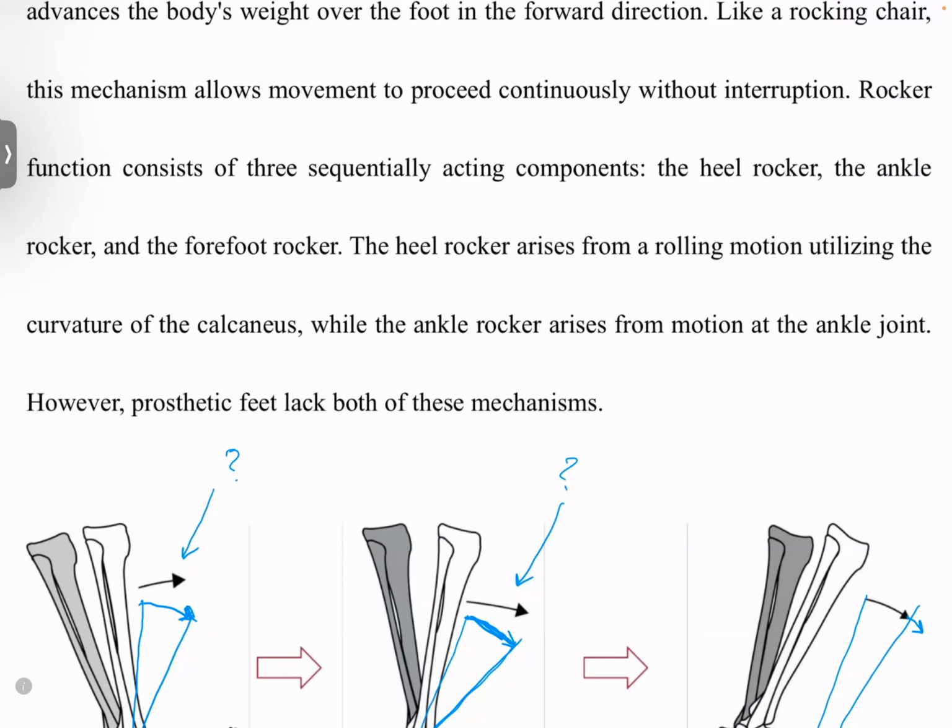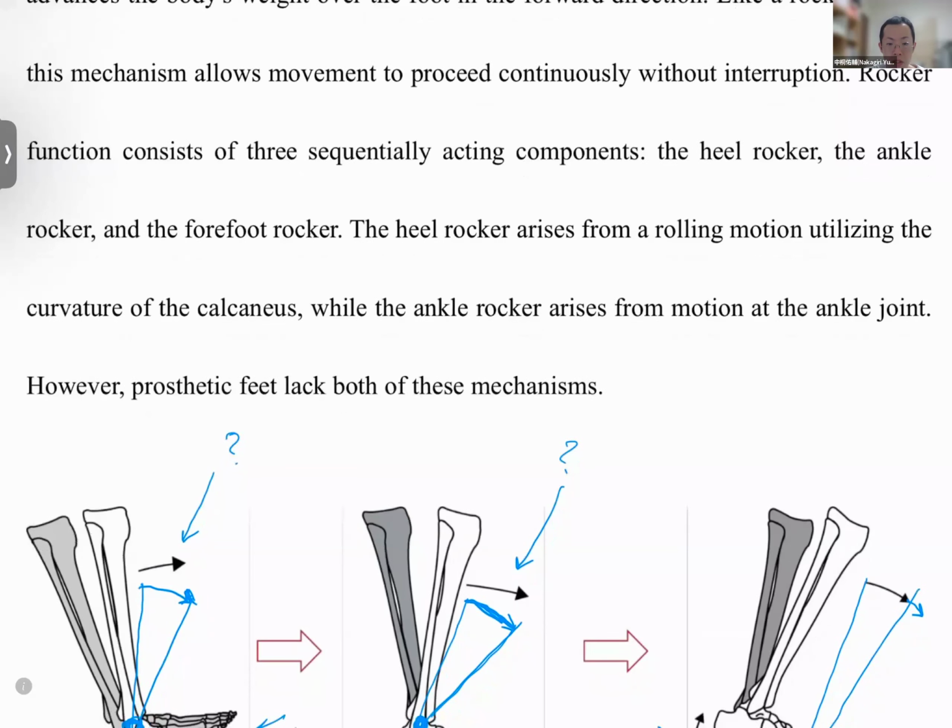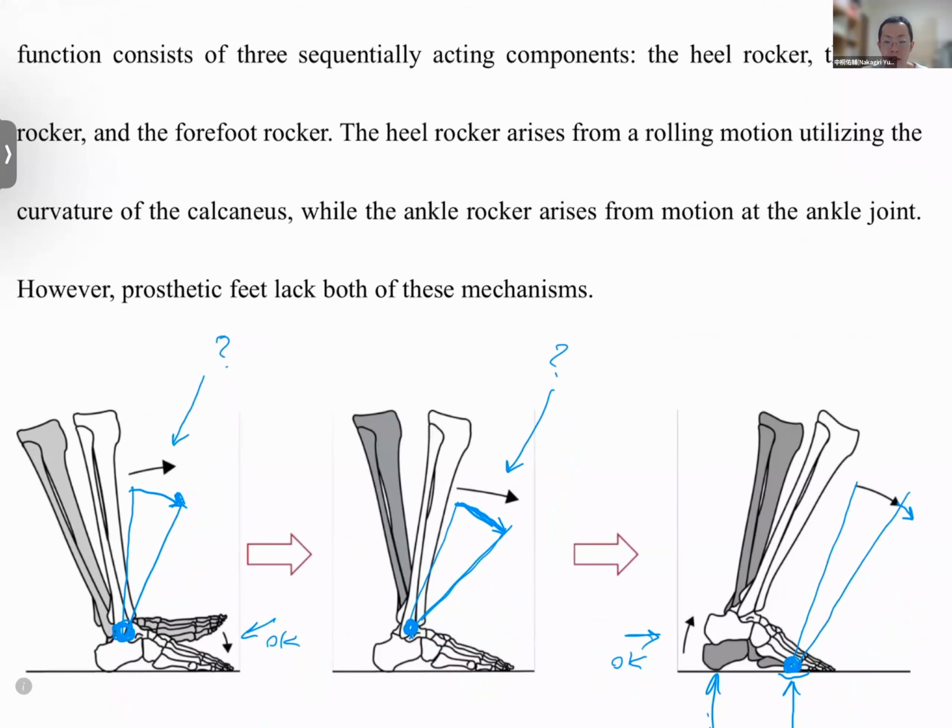The heel rocker arises from a rolling motion utilizing the curvature of the calcaneus, while the ankle rocker arises from motion at the ankle joint.